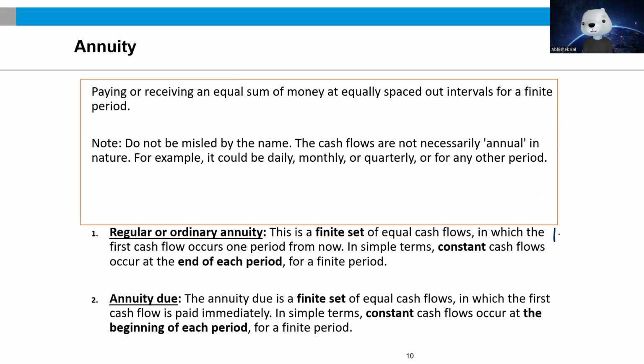Let's say we are talking about two time periods, t is equal to 0, t is equal to 1, and t is equal to 2. Whenever we are talking about a regular ordinary annuity, we always consider the cash inflows or the outflows happening by default at the end of the first year, at the end of the second year. That means at the end of the period.